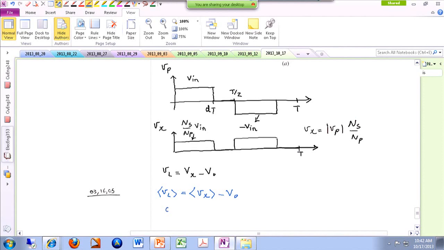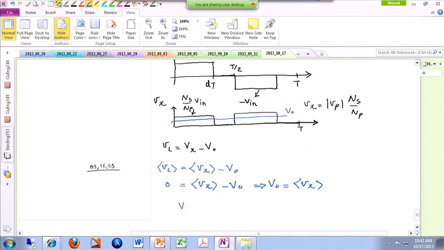On average, VL is 0. So my output voltage is actually the average value of Vx. Obviously, we are having a low-pass filter. It's only going to give us the average value of the signal. So if I just look at the average value of this signal, that is my Vout. And that would give you Vout is 2 N secondary over N primary times D. Something like this.